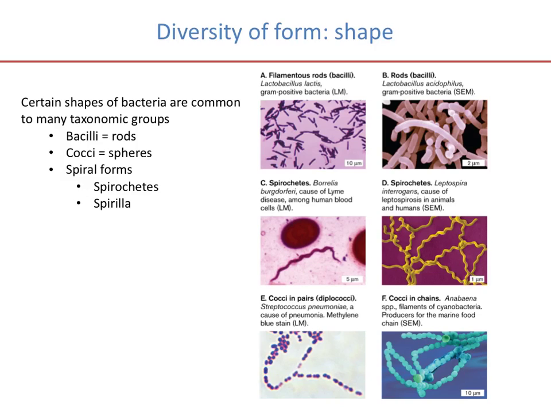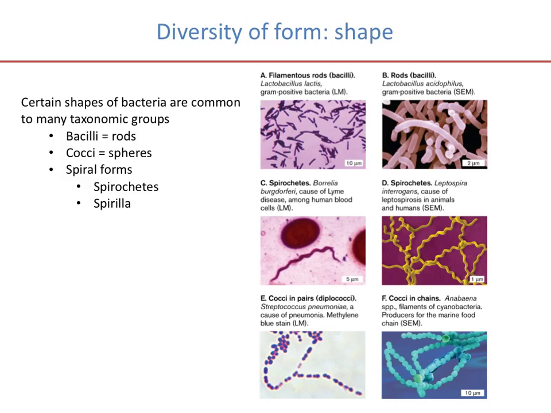Now, a couple of points about the spiral forms. So bacteria can take two different types of spiral forms. And even though they are both spiral, the mechanism by which the form is obtained is different between the two forms. And I'm just going to briefly mention that. So first, let's talk about spirochetes. And you see an example of spirochetes right here.